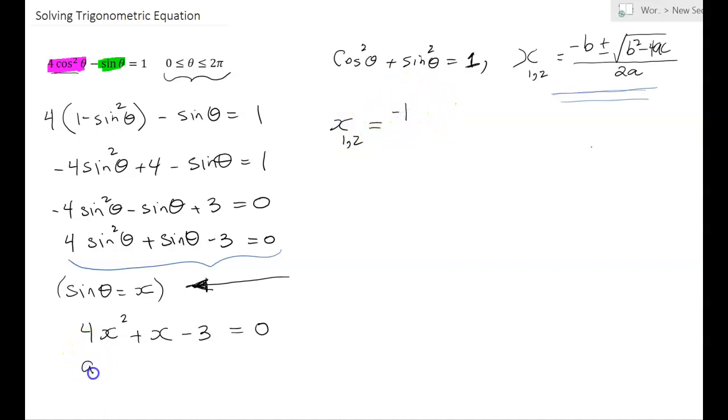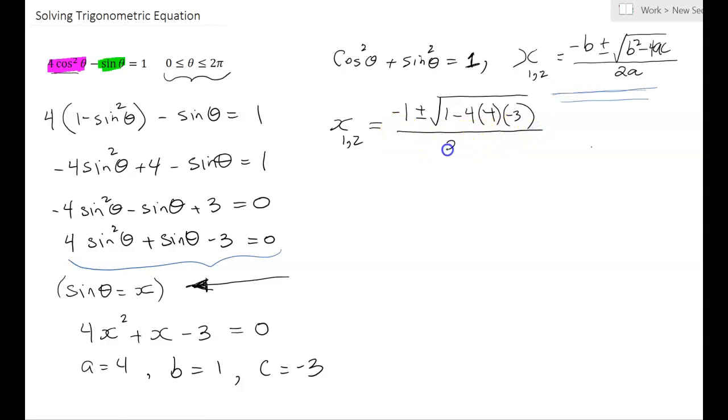Now remember, A is 4, B is 1, C is negative 3, based on this equation. So x equals negative 1, that's minus b, plus or minus the square root of b squared, which is 1, minus 4 times A times C, where A is 4 and C is minus 3, all over 2 times A, which is 4.